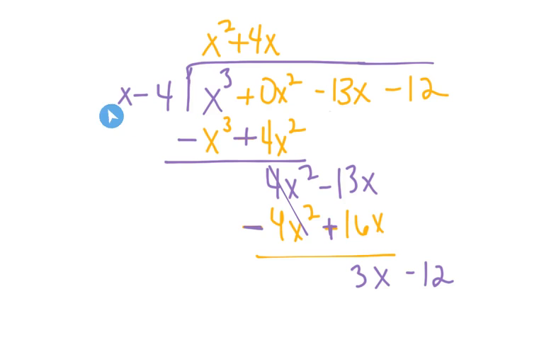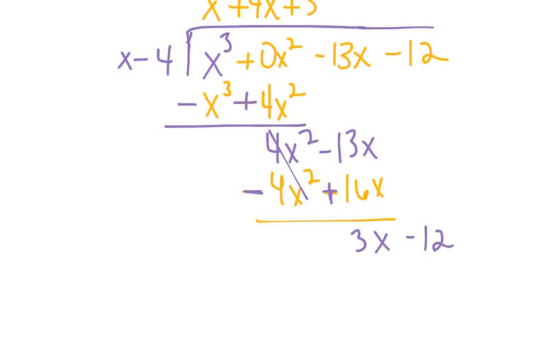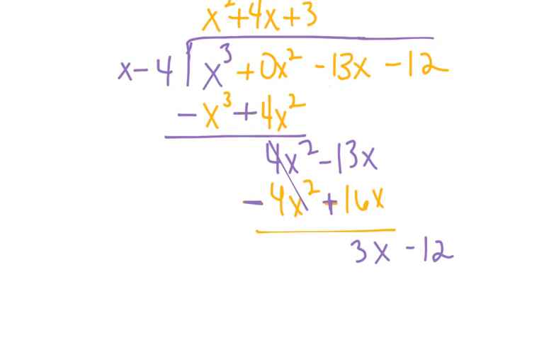How do I get from x to 3x? I'm going to add 3. Three times both parts of our divisor. We have a 3x and a minus 12. We have a sign change because we are subtracting. And look, everything cancels out. So we have no remainder.